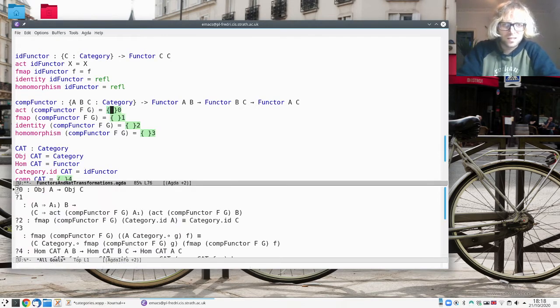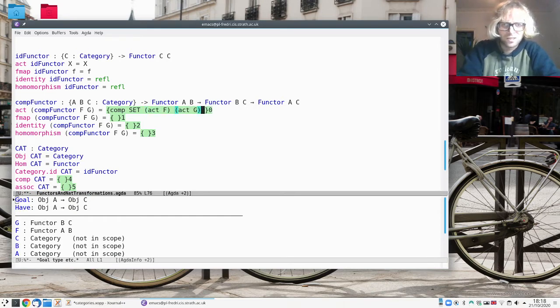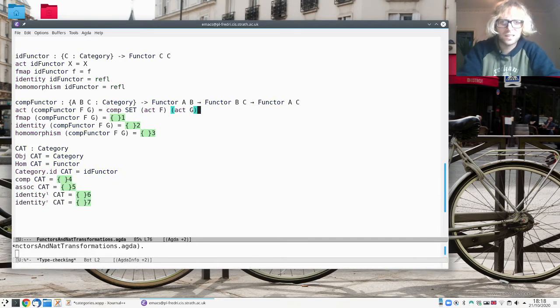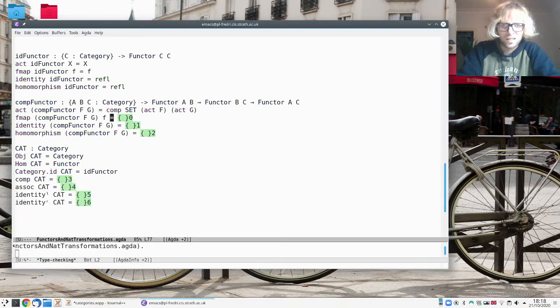Let's see. I need an underlying action, which should be a function from objects in A to objects in C. This is just a function between sets now, right? Because this is a set and this is a set. So if I compose these as functions in Set, I can take the action of f and the action of g, and that does the right thing. Here I also need to act on an f.